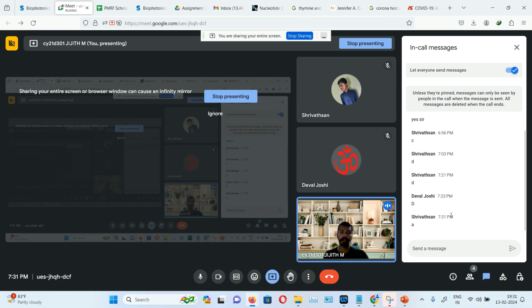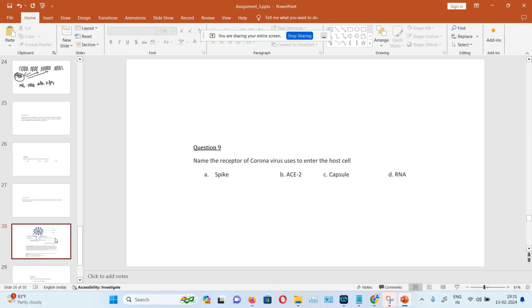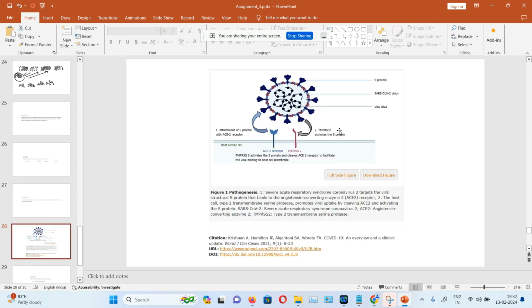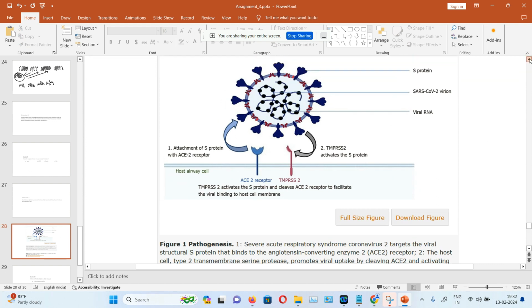The answer is written as A. Where does the receptor of coronavirus use to enter the host cell? See, this coronavirus will have a spike protein. And yes, this question is, I think, a little bit confusing.